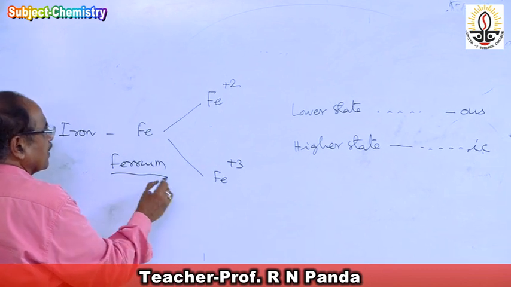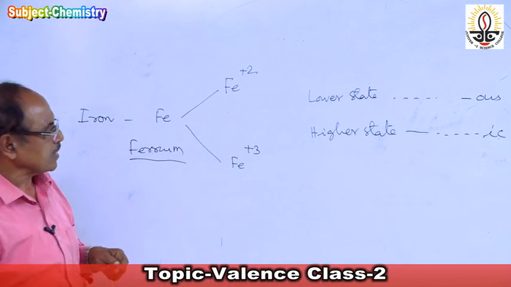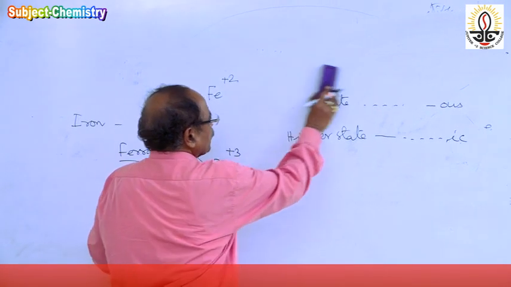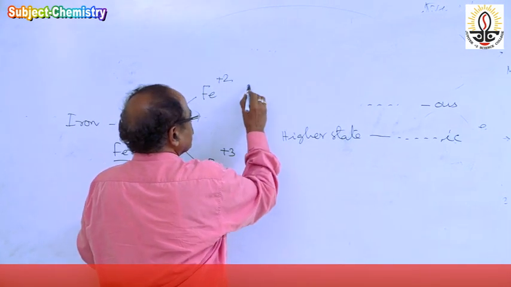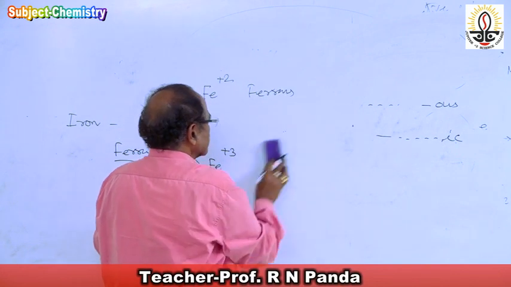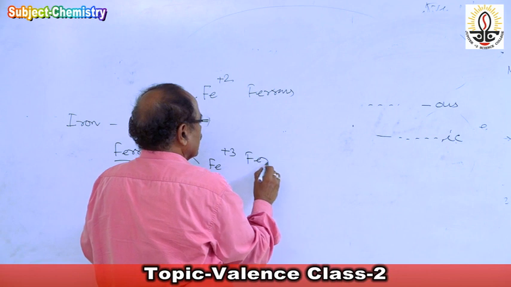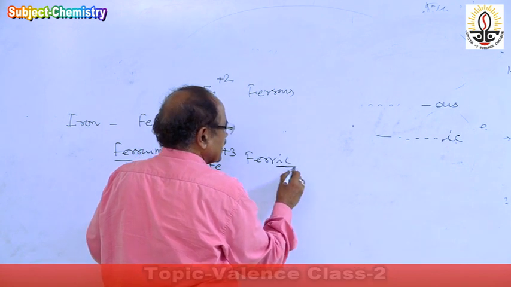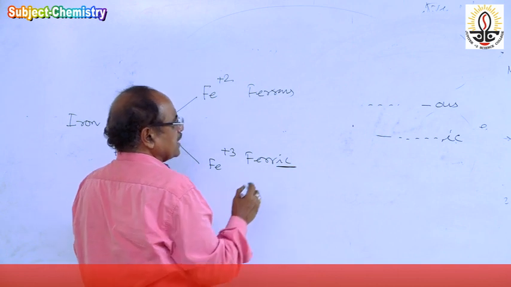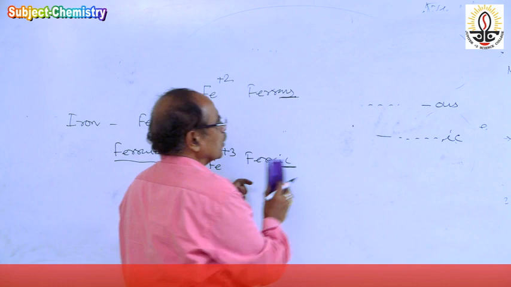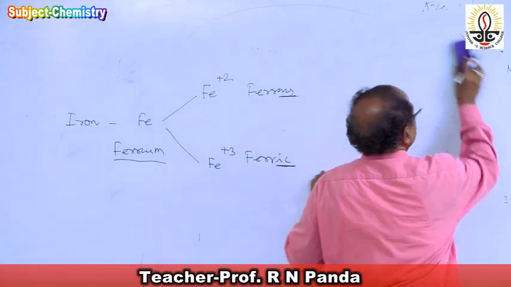So this Fe plus 2 is lower, Fe plus 3 is higher. So Fe plus 2 is called ferrous, and the higher state is called ferric. So children, wherever I see, if the last letters are IC, it is a higher state. If the last letters are OUS, it is always lower state.